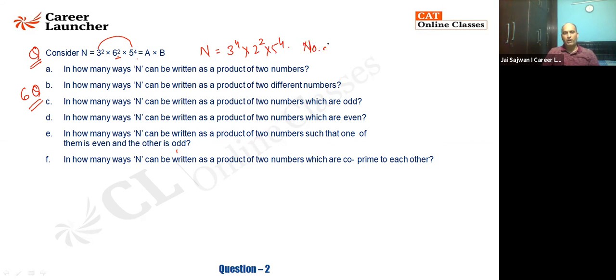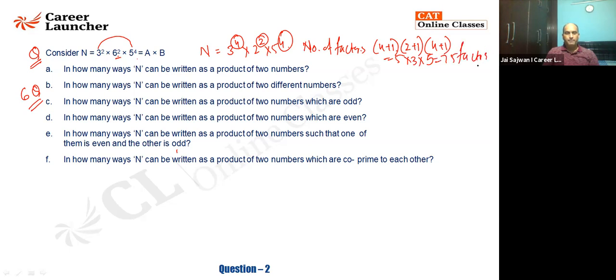If you remember from the earlier class, I told you whatever is the power, just add 1 to it. So the number of factors will come out to be what? 5 3s are 15, 15 5s are 75 factors. Fine, so 75 factors are there.